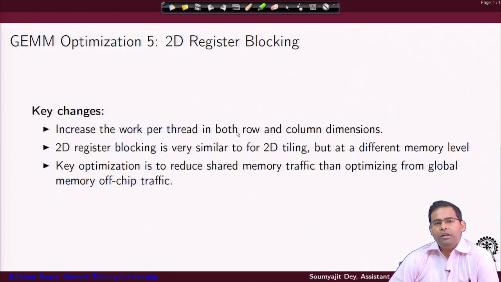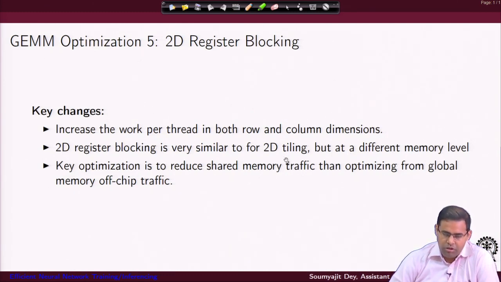Let us replicate the idea and load data in a similar way from the shared memory to the registers, right. So, that is what we will be calling 2D register blocking. So, it is similar to 2D tiling, but it is done at a different memory level. In the earlier case, it was from the global memory to the shared memory. In this case, it is from the shared memory to the registers, right.